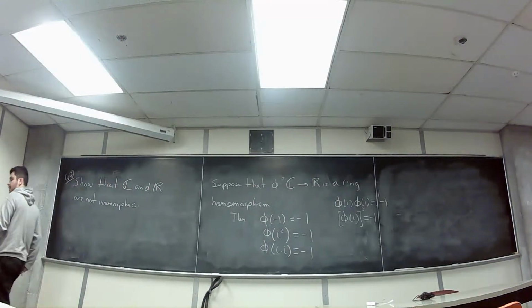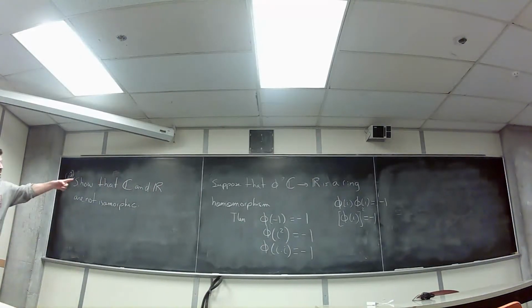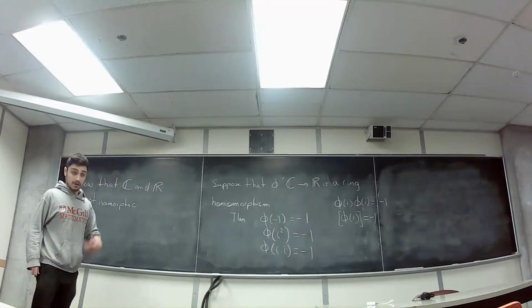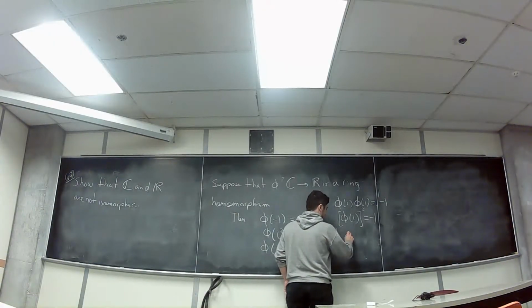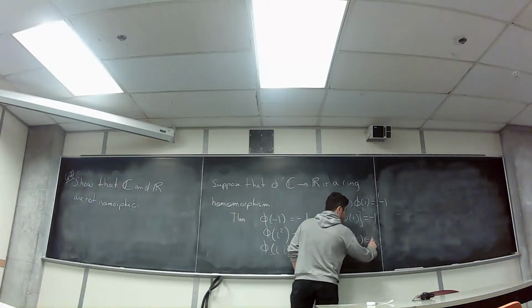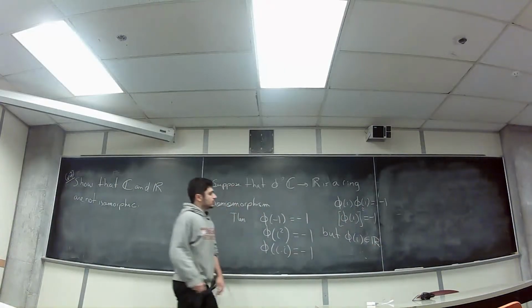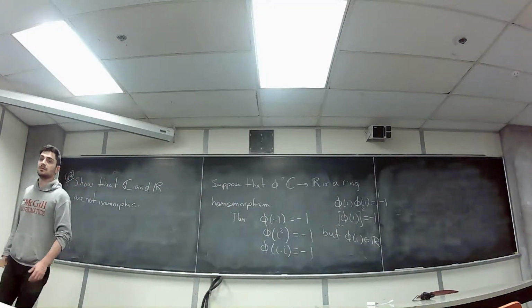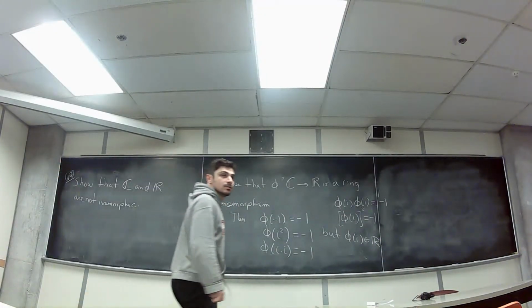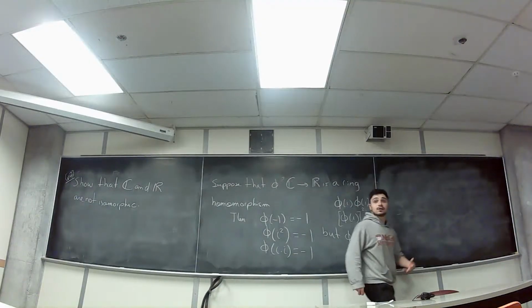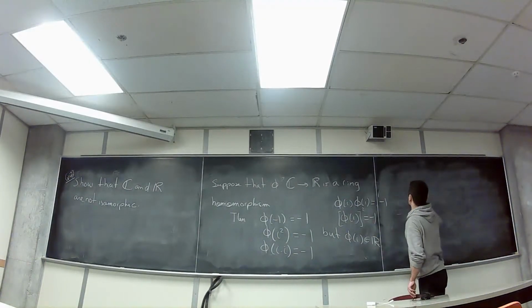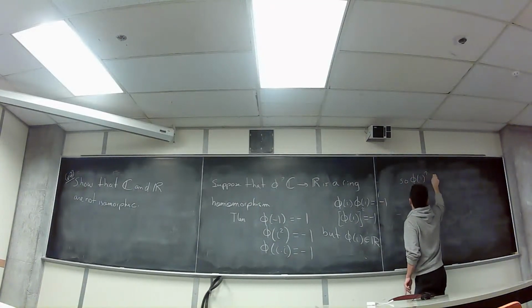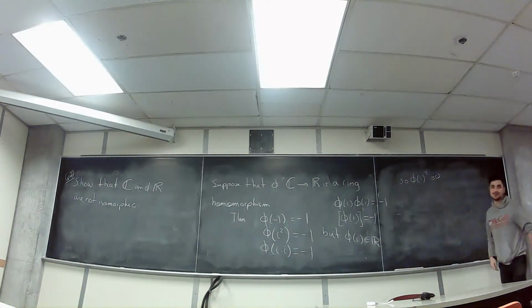Now, to what ring does phi of i belong? R. Phi of i is in R. But phi of i belongs to R. So in R, can I find an element whose square is -1? You can use that phi of i squared is bigger or equal to 0, if you will.